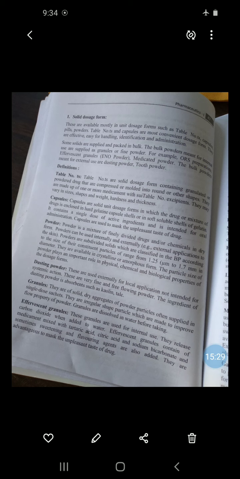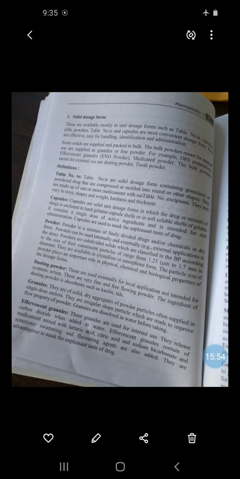These are very fine and free flowing powders. The ingredients of dusting powder are absorbents, for example kaolin.